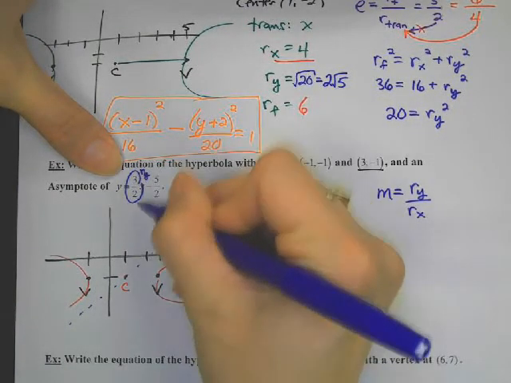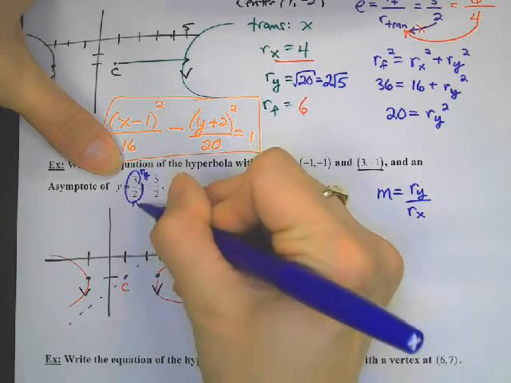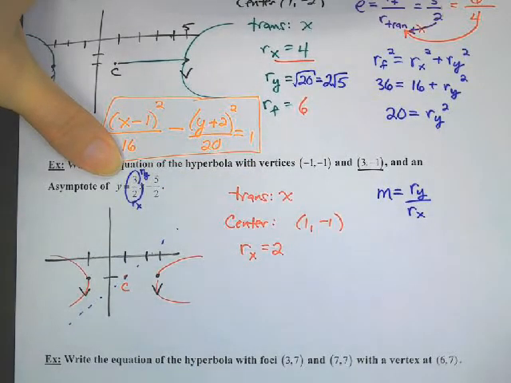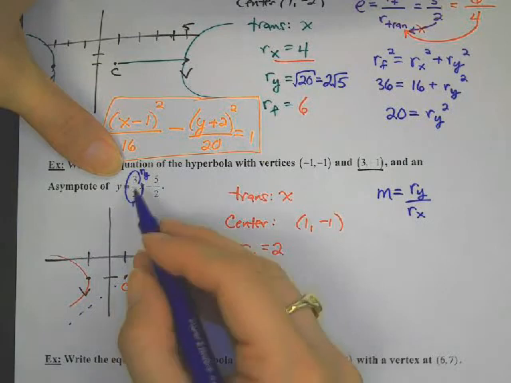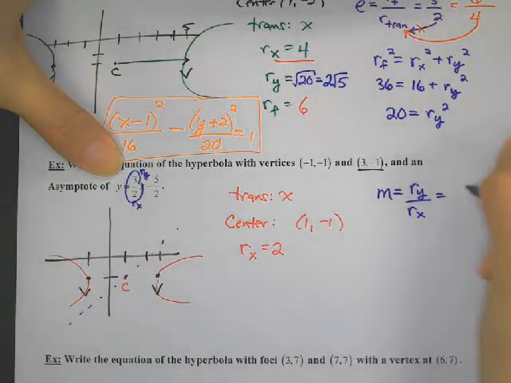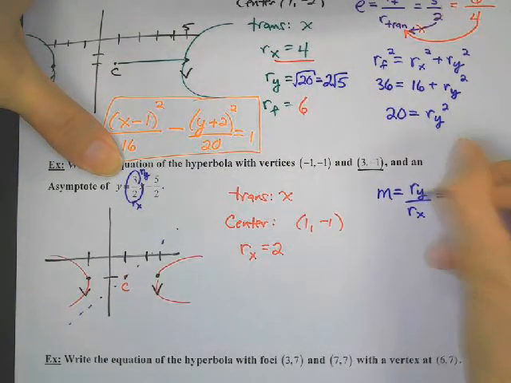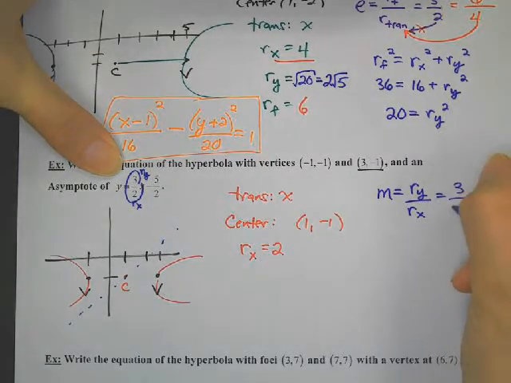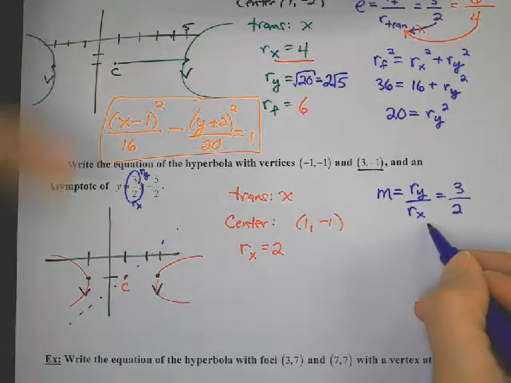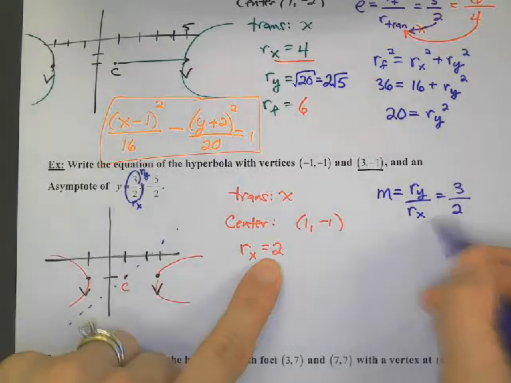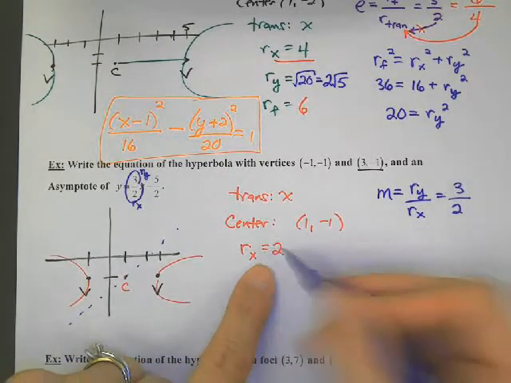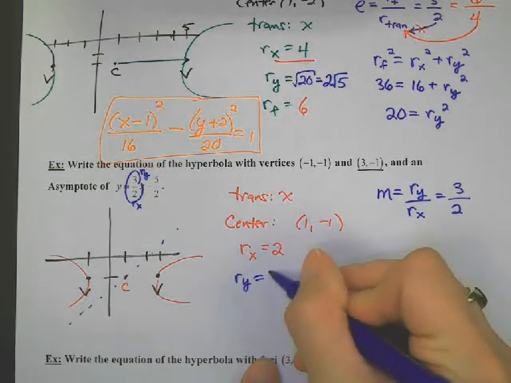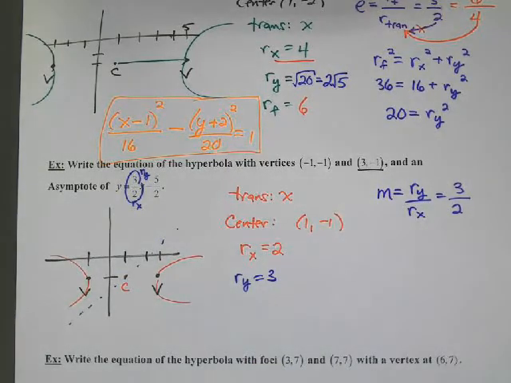So I guess the r sub y is 3, and I guess the r sub x must be 2. Well, hang on. We've got to look to see if that was in reduced form. So is r sub y directly 3, and is r sub x directly 2? Yes, it is. R sub x is 2. R sub y is directly 3. Nothing has been reduced there.